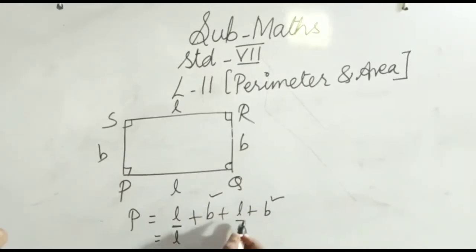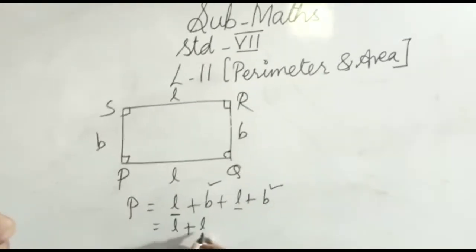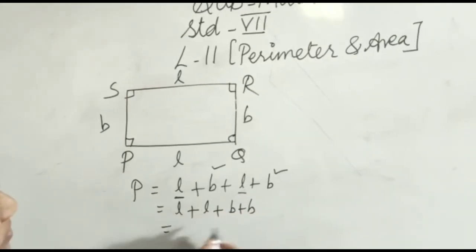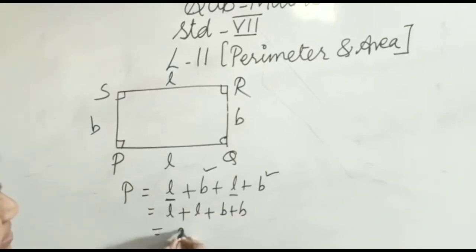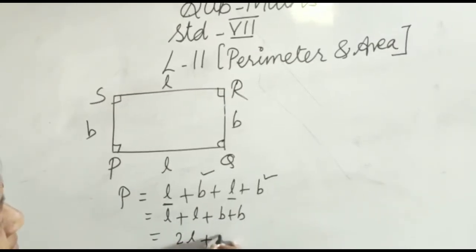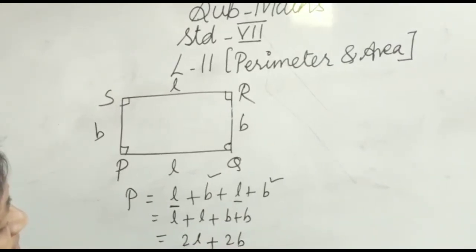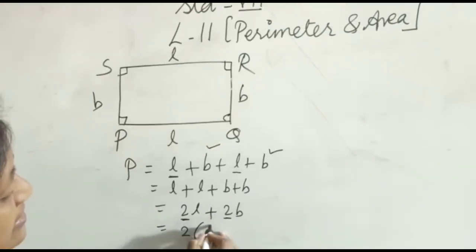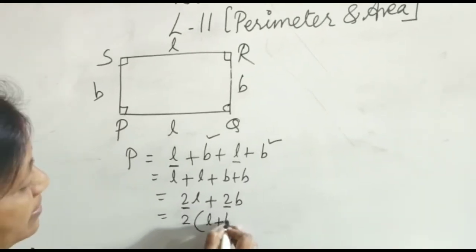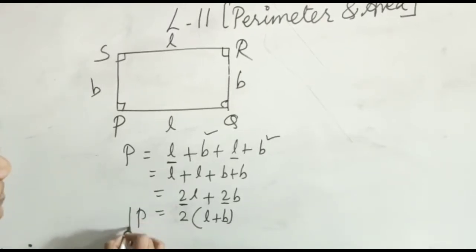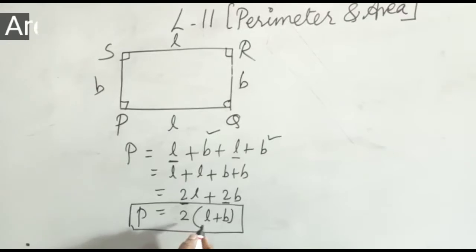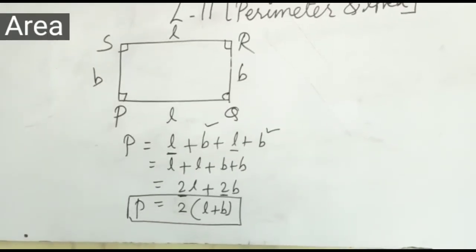So rearranging according to like terms, L plus L, then B plus B, which simplifies to 2L plus 2B. Now you can see that 2 is common. If I take 2 outside, then inside the terms will be L plus B. So the perimeter of a rectangle will be P equals 2 into L plus B.